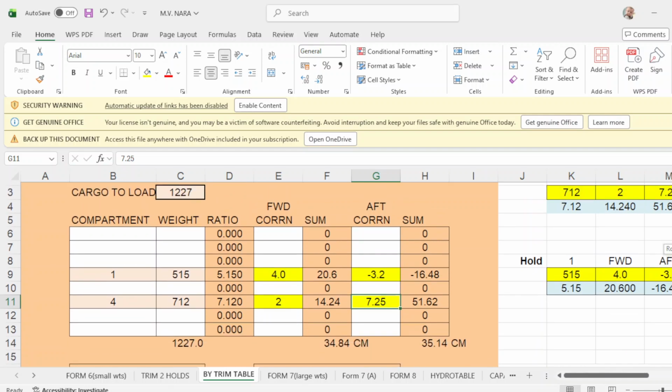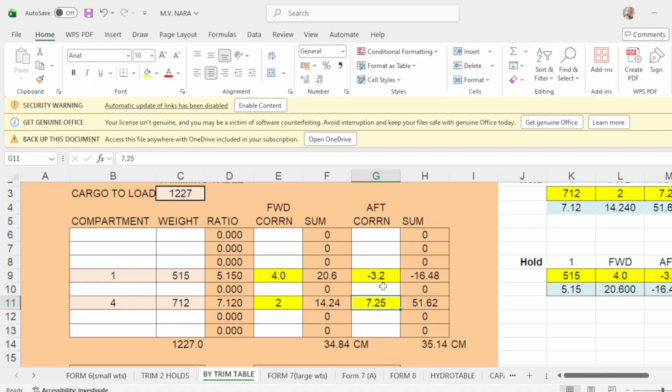For example, forward is 4 meters, up is negative 3.2, and forward correction on hold number 4 is 2 meters, and up is 7.27. Since I don't have the correction table for trimming, I just assume that this will be a correction of 4 meters in forward, and up is negative 3.2, and forward in number 4 is 2 meters, and up is 7.25.